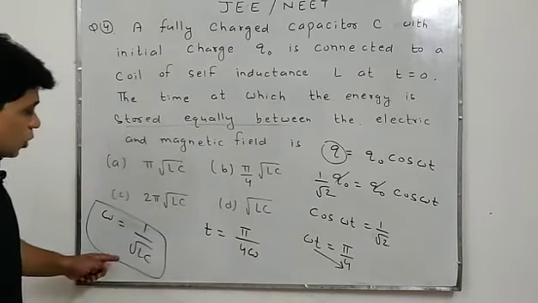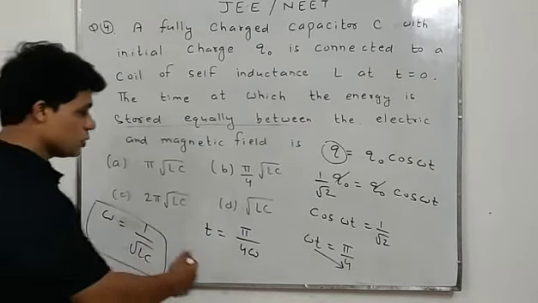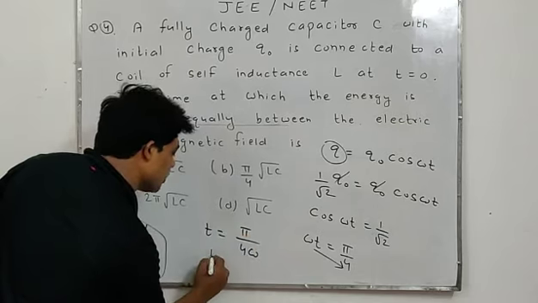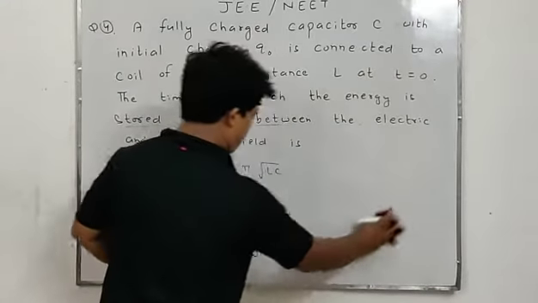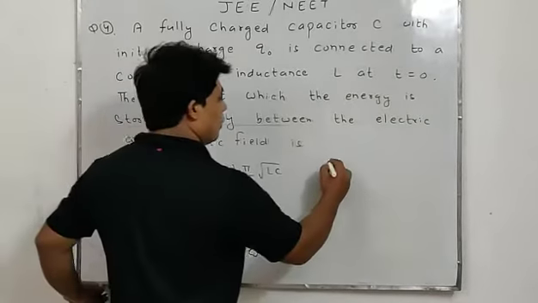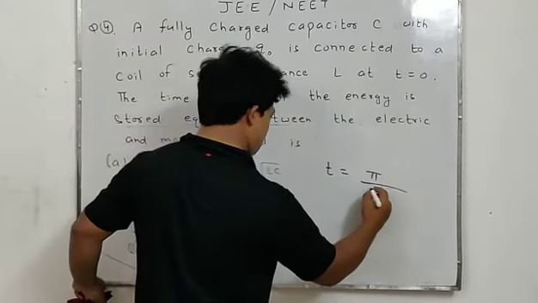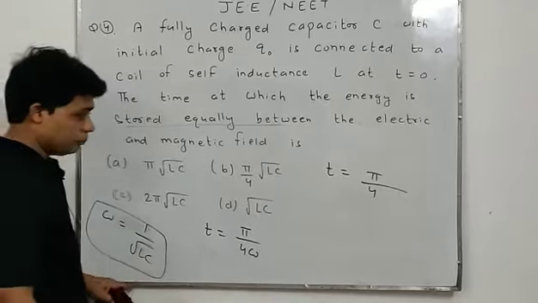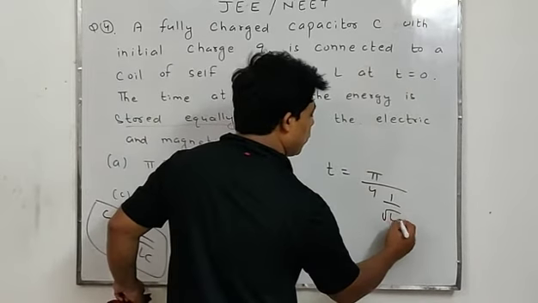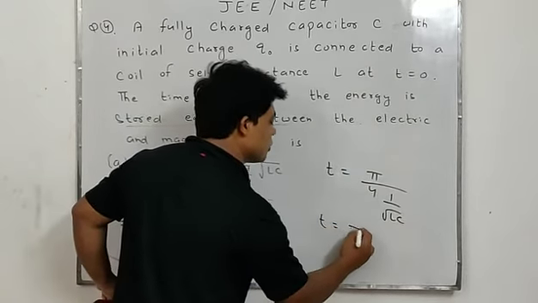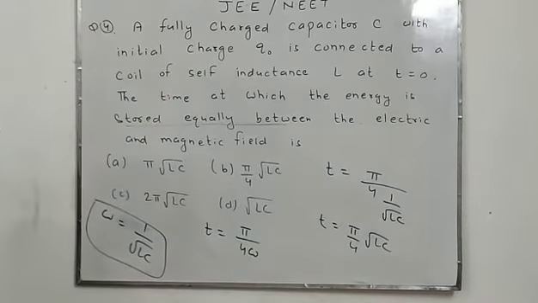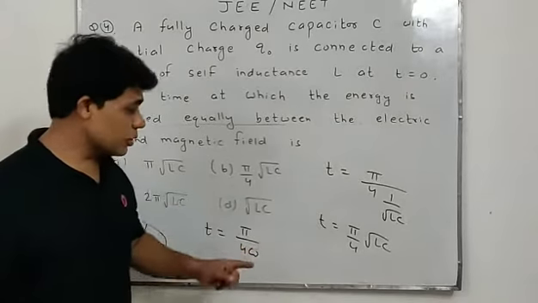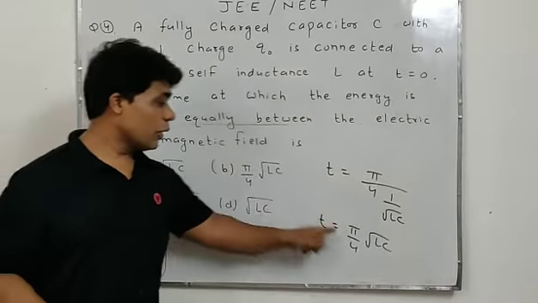Putting that in, t equals pi upon 4 root LC. So check that. Yes, we have the option pi upon 4 root LC.